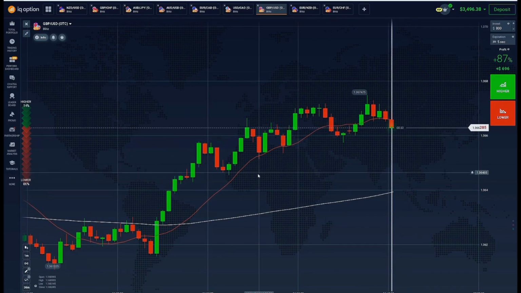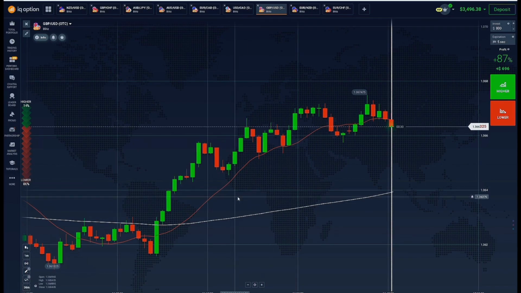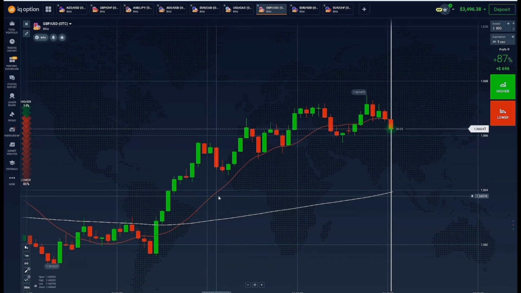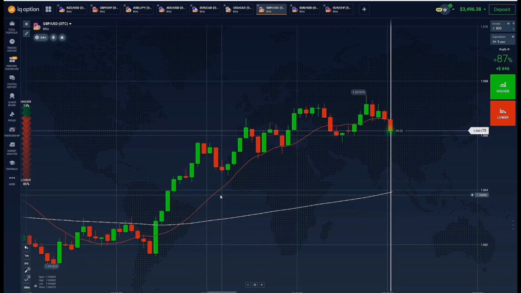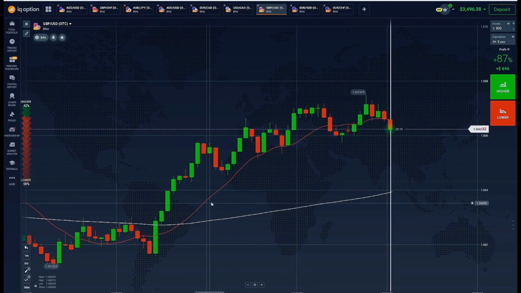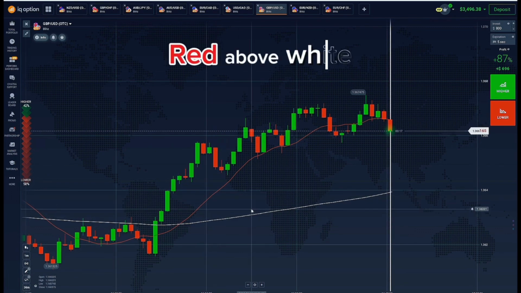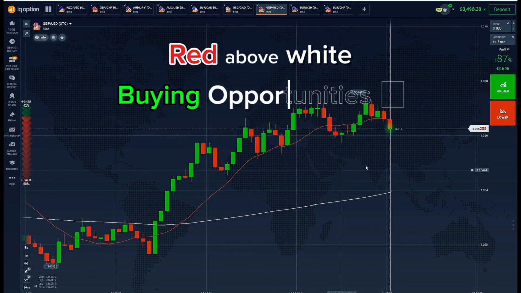Now, how does this moving average work? We use these moving averages to determine direction and entry models. Whenever the red is above the white moving average, we are looking for buying opportunities.